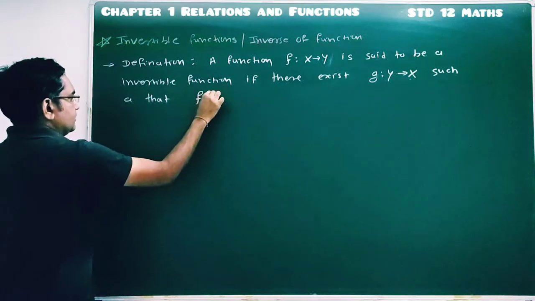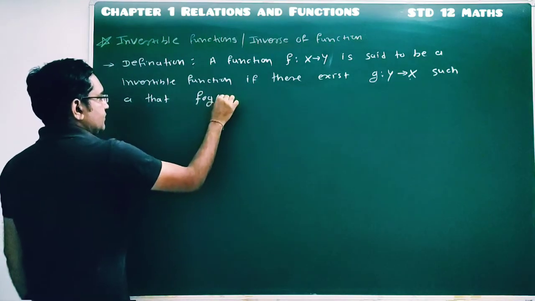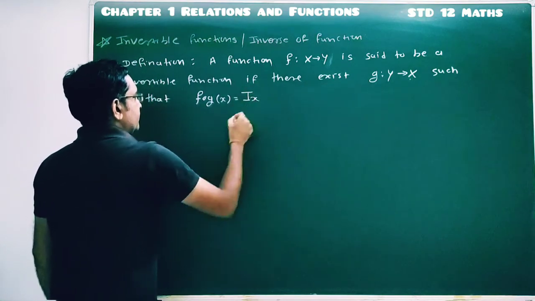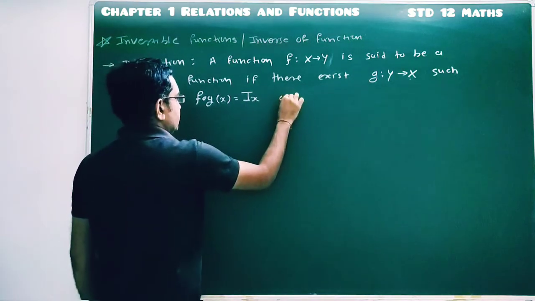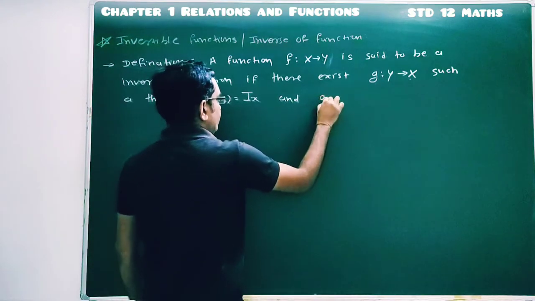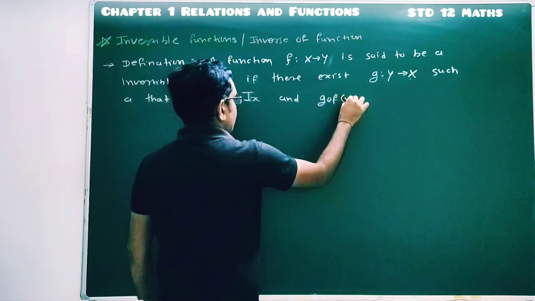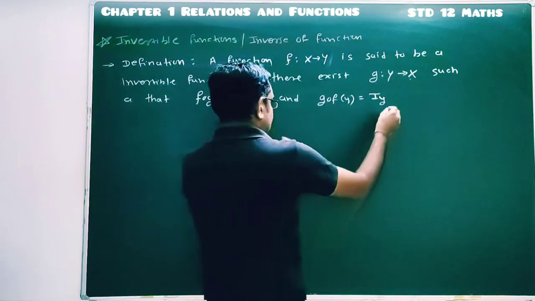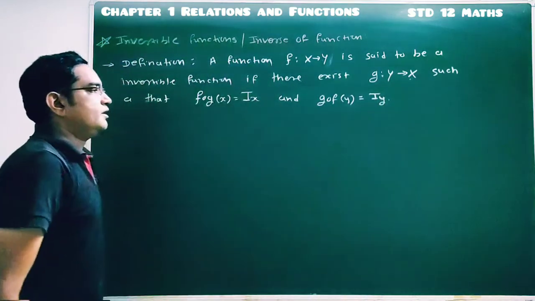fog on x is equal to the identity function on x, and gof on y is equal to the identity function on y. Done.